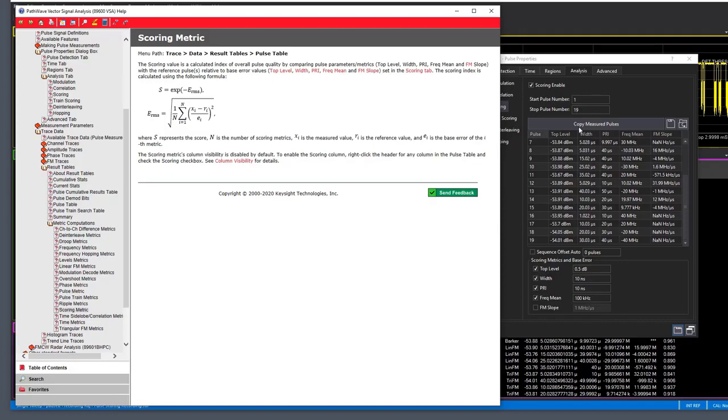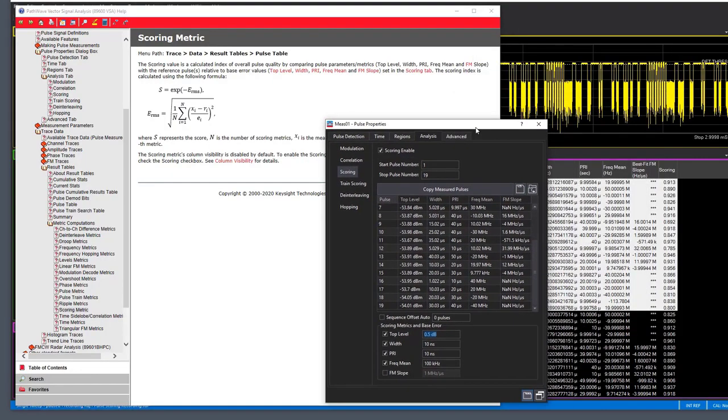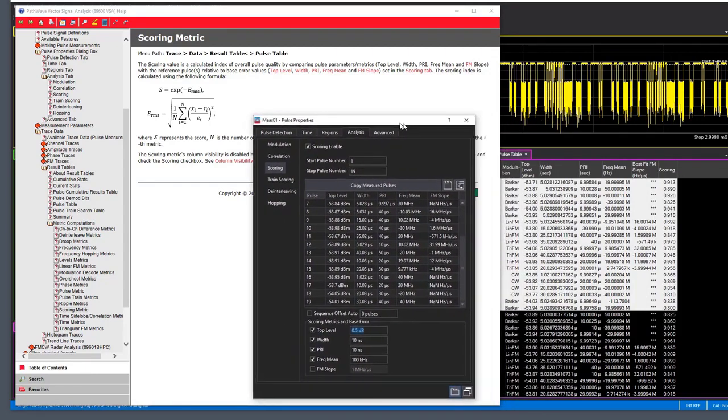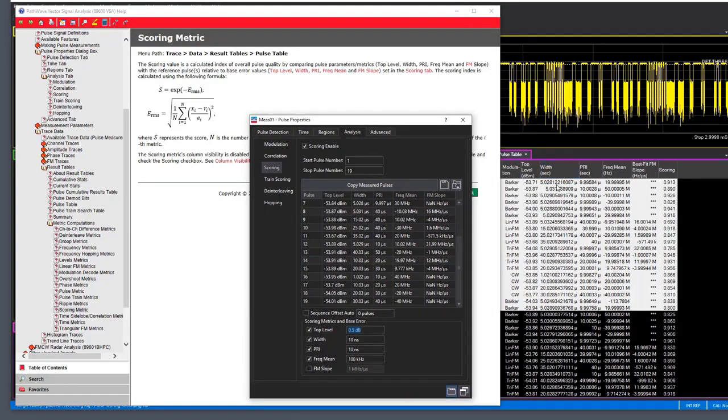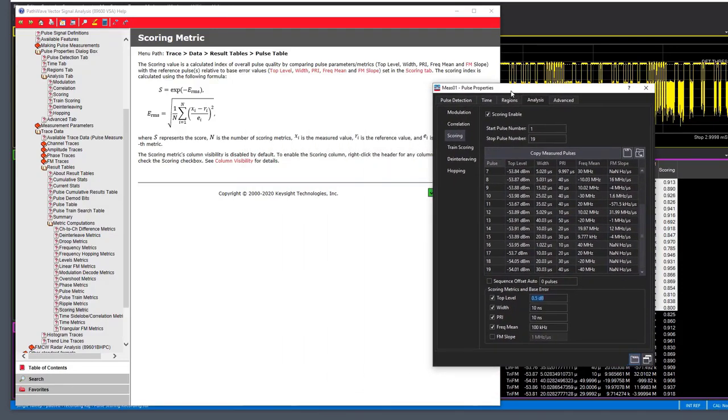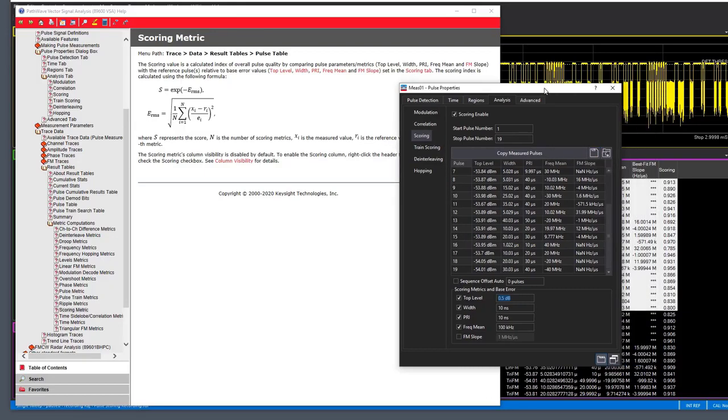x sub i is the measured value. So that's the value coming from the pulse table. So in this case, it would be, say, this particular pulse width value. r sub i is the reference value. That reference value is what we have in our reference table here, whether we copy those from something that was measured or we recall them from a user-defined file.